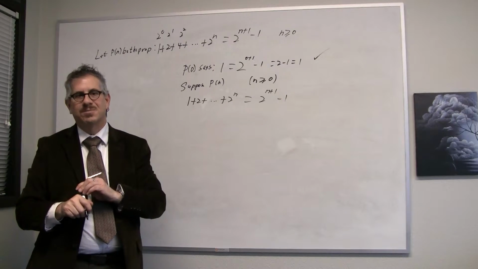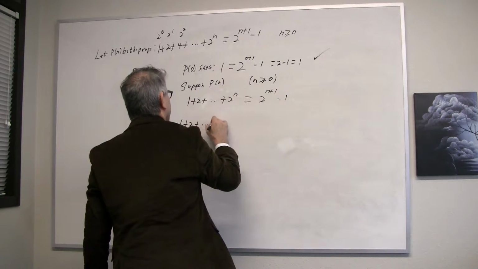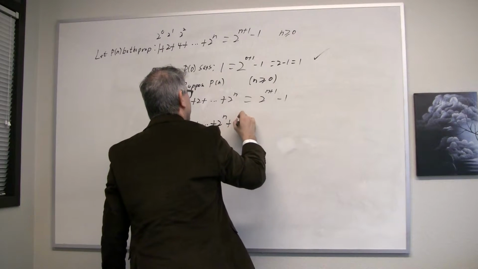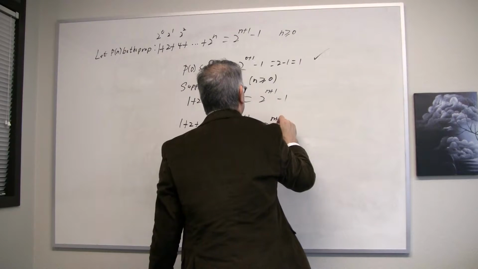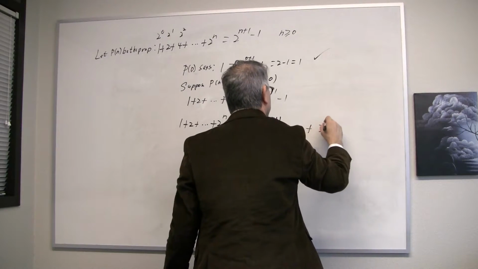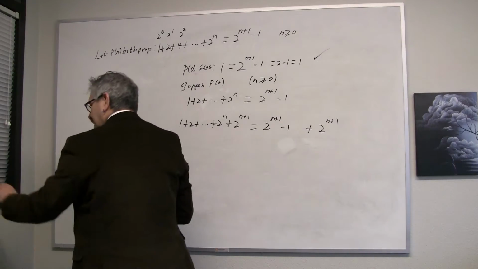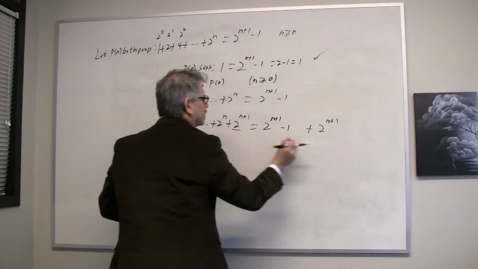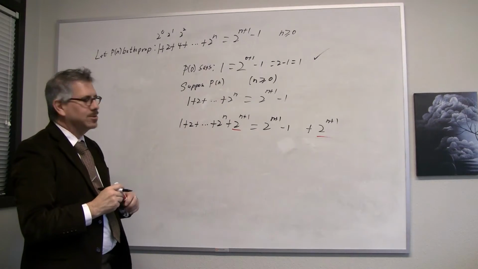I can add something to both sides and still have an equality. So 1 plus 2 plus all the way up to 2 to the n plus 2 to the n plus 1 equals 2 to the n plus 1 minus 1 plus 2 to the n plus 1. All I've done is add this single term to both sides of this equality. So this is absolutely true.